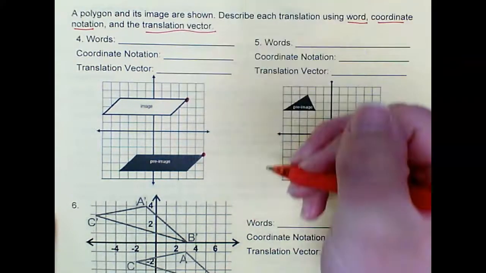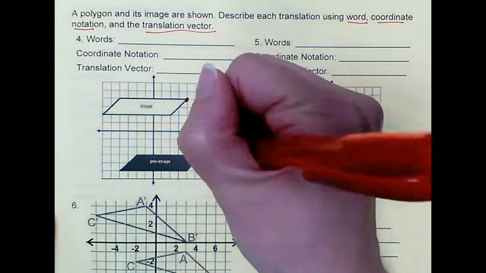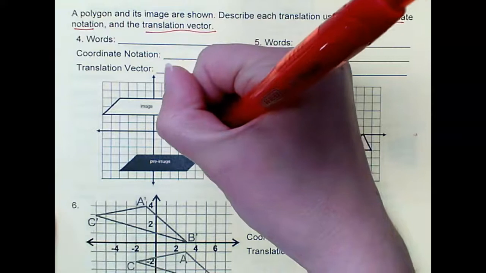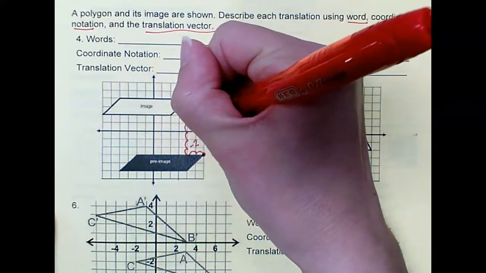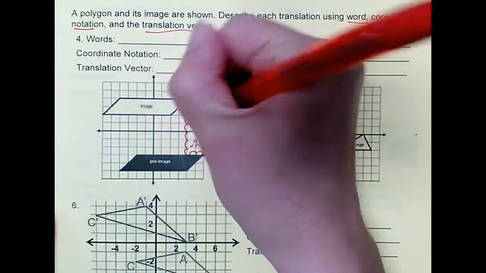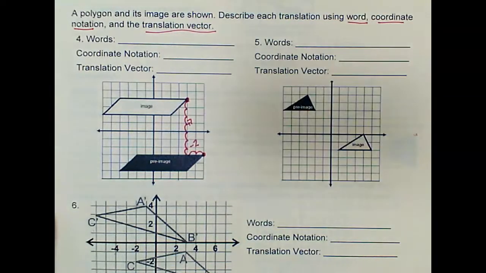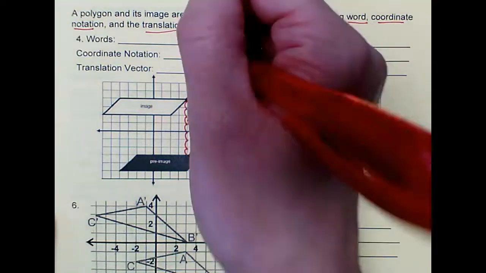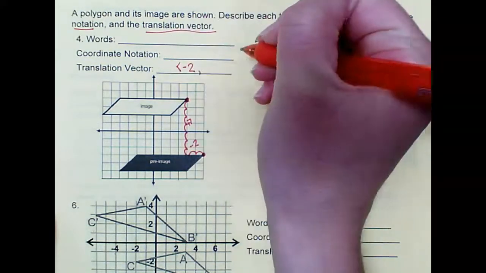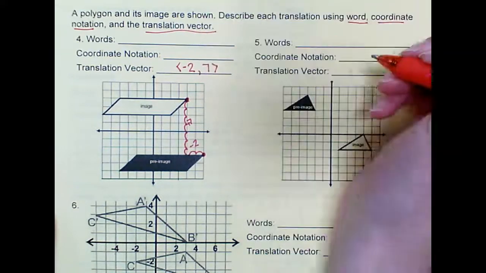It looks like it goes to here, so traveling to the left 1, 2, and traveling up 1, 2, 3, 4, 5, 6, 7. So it might be easiest to start out with your translation vector. We moved left -2, and we moved up 7.